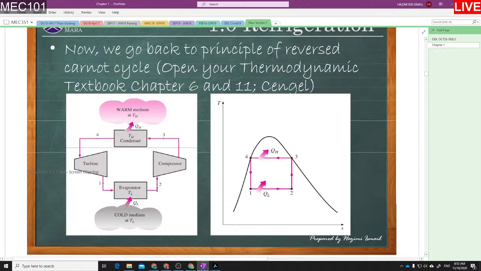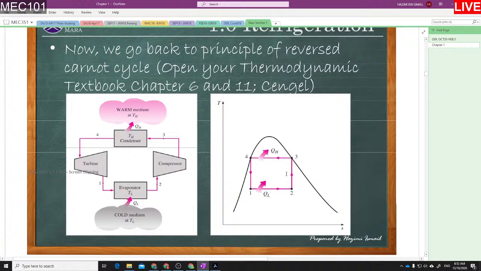Obviously, the difference between this one and the Carnot cycle you learn in MEC351 is the direction. Because the normal Carnot cycle is to get the work output.